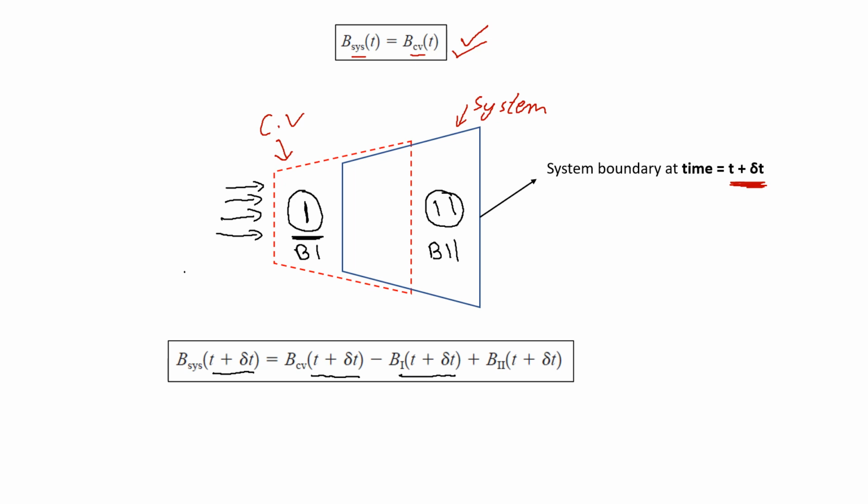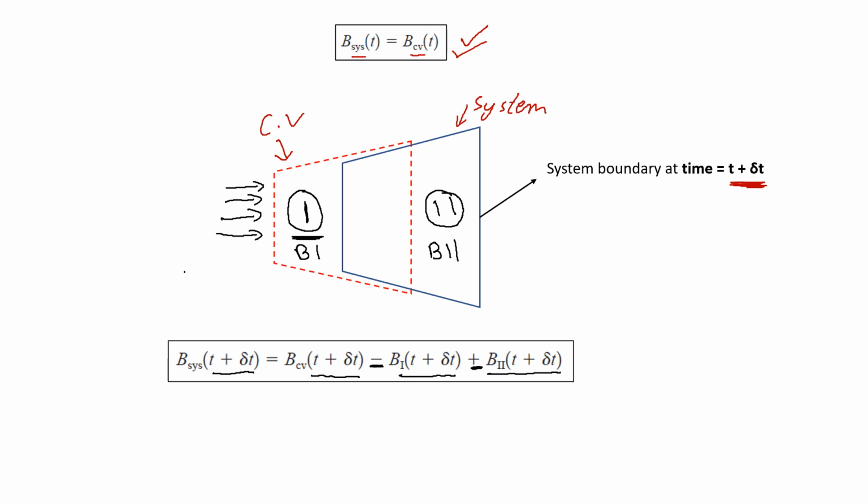For that I have put a negative sign to represent the directional sense, and B2 is my fluid going out of the system, and for that I have put the positive sign to represent that it is going out of the system.